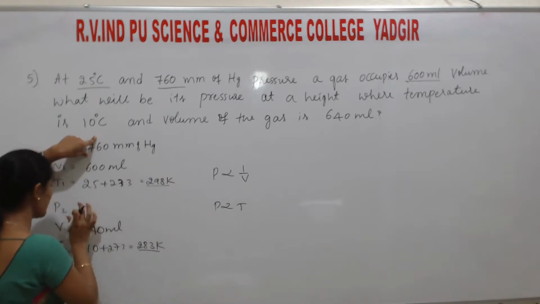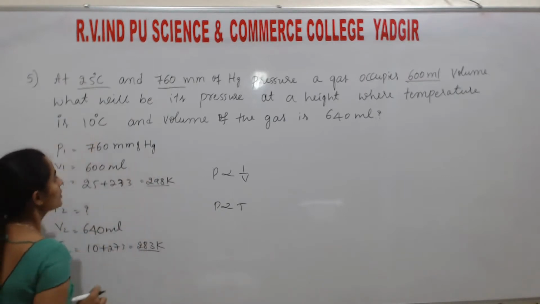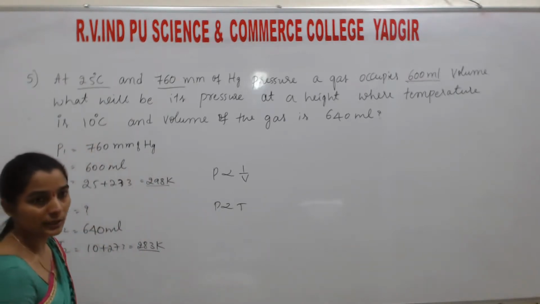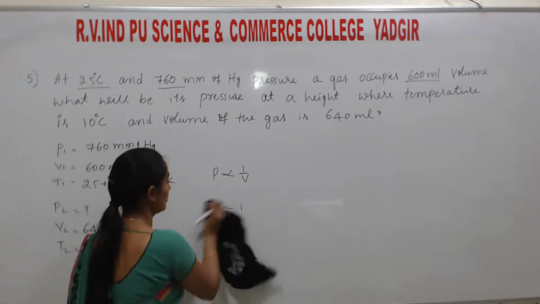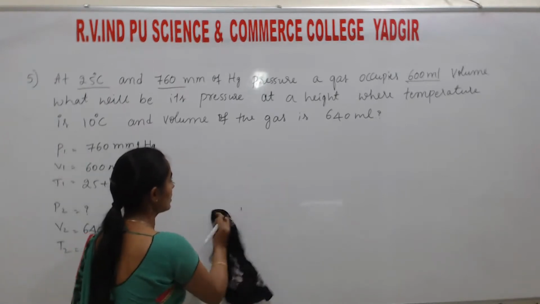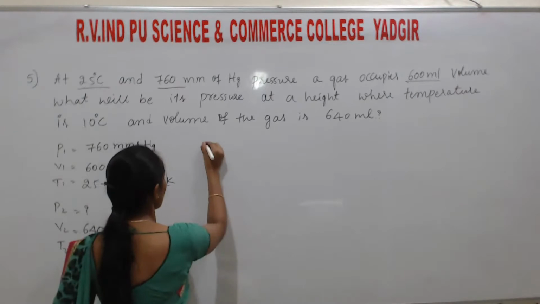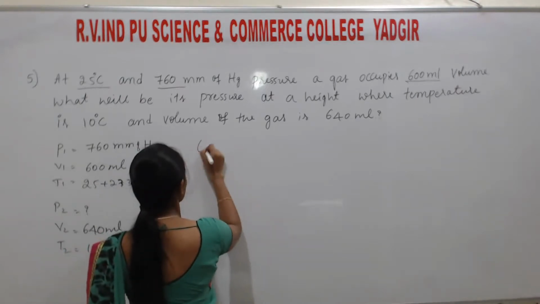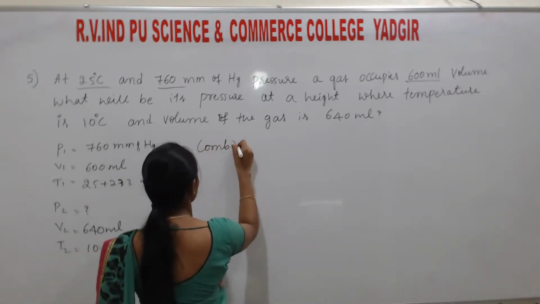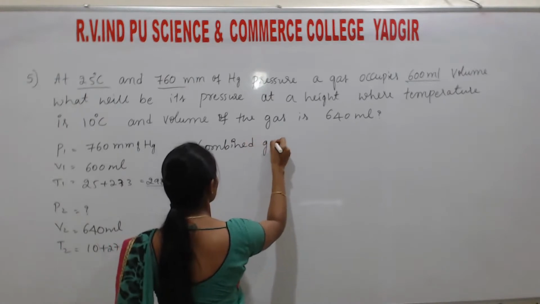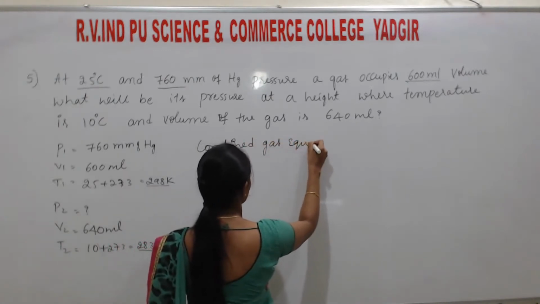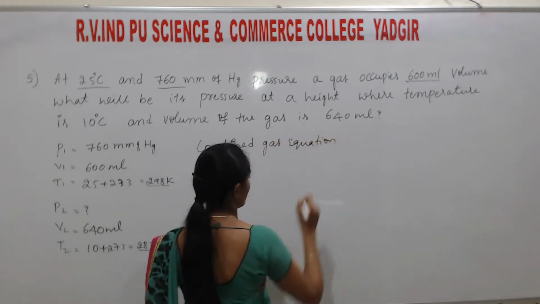That means the pressure P2 must be less than 760 mm of Hg. Okay, so which equation it resembles? This is the ideal gas, combined gas equation.